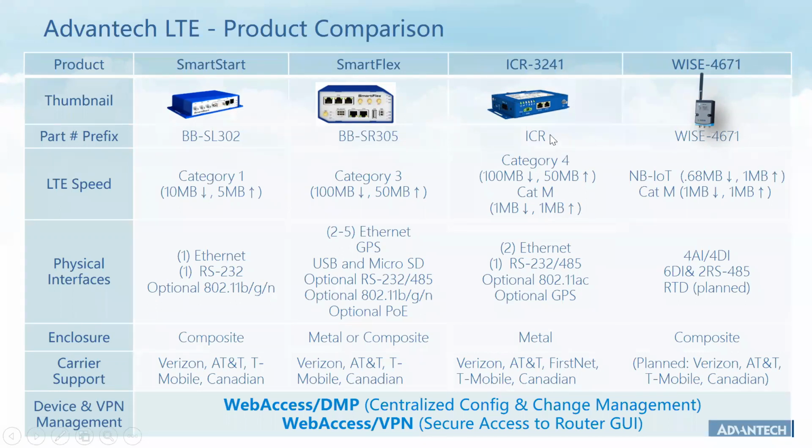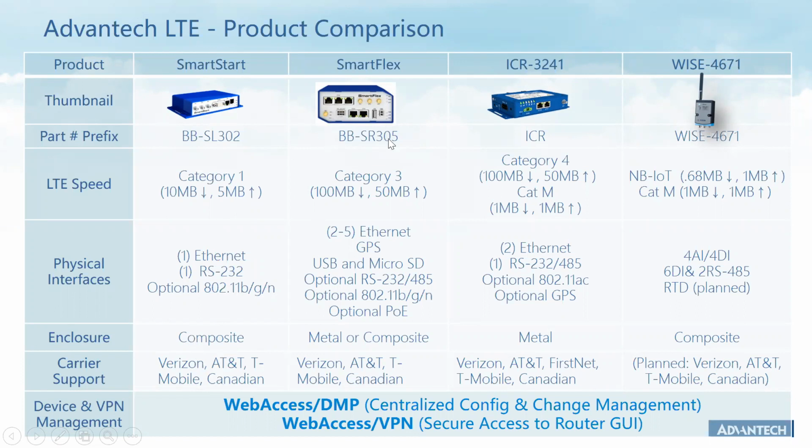There is the ICR. Smart Start is LTE category 1, which just means it's limited in speed. Simple interface set there: Ethernet, serial, optional 802.11 BGN, polycarbonate plastic enclosure, support for all carriers in North America.